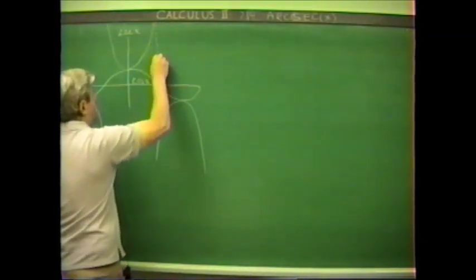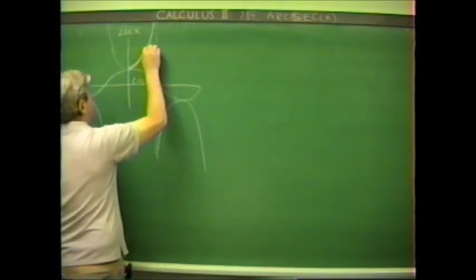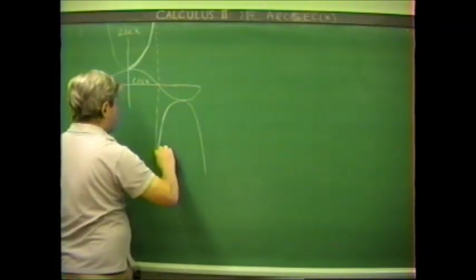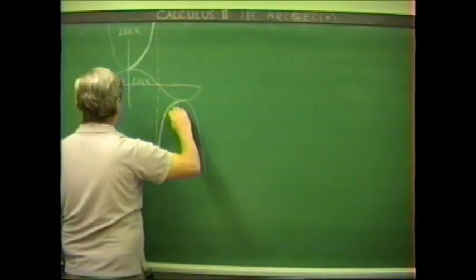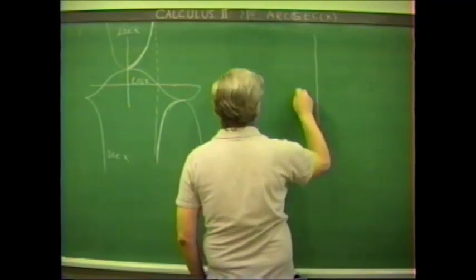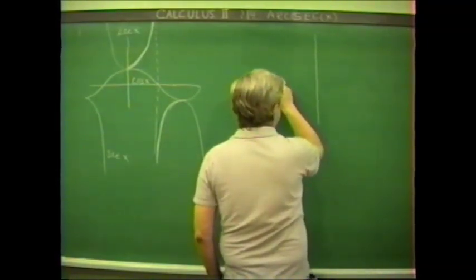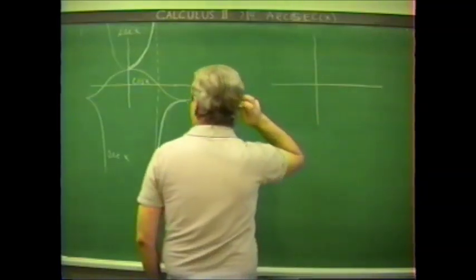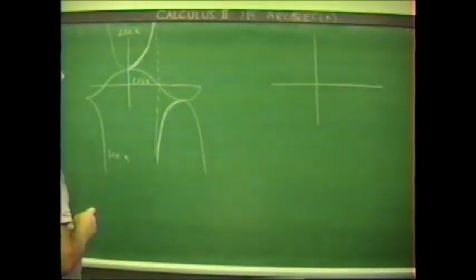Right. We need to make some sort of a choice as to what we're going to use for the inverse of this function. And a choice that's frequently used here is this part right here, and this part right here. Right. And then the resulting graph of the secant inverse will look like this.